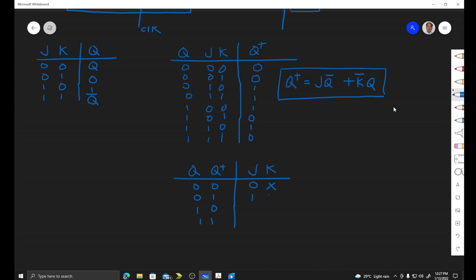So this one is 0X, this is 1X, X1, X0. Again, we will use this excitation table to design our circuit. In the next video, we will perform a sequential logic design using Verilog.